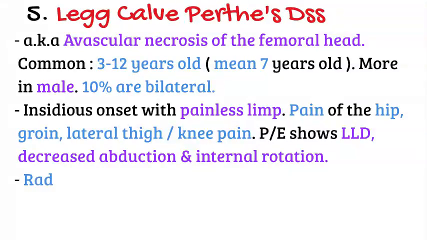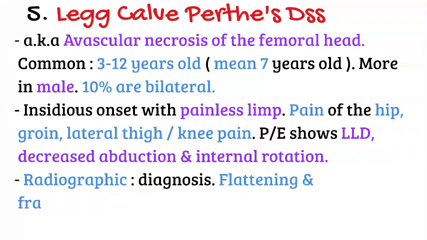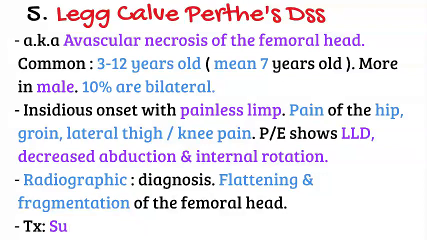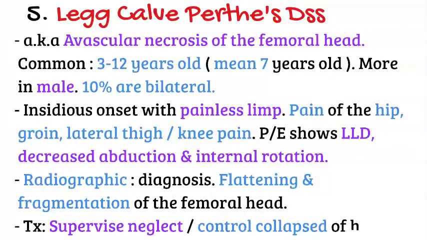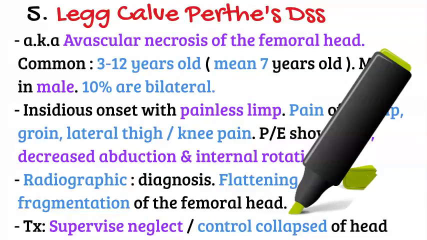Physical examination will show limb length discrepancy, decreased abduction, and internal rotation. Radiographs are usually diagnostic when you see flattening and fragmentation of the femoral head. Treatment is usually supervised neglect or controlled collapse of the femoral head.